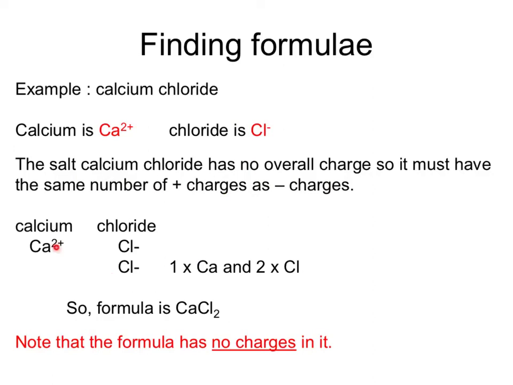That means we've got 2 pluses there and 2 minuses there. Now, when we write the formula, remember we don't put the charges in anymore, we just look at how many of each kind of element there are. So it's Ca1, Cl2, and of course we don't write ones in the formulas, so it's just CaCl2.